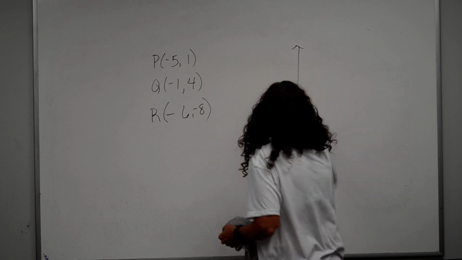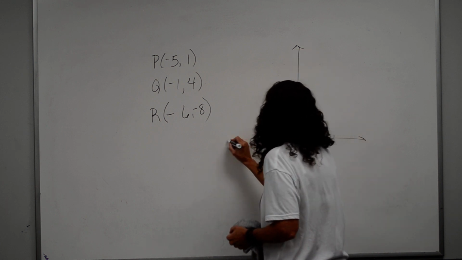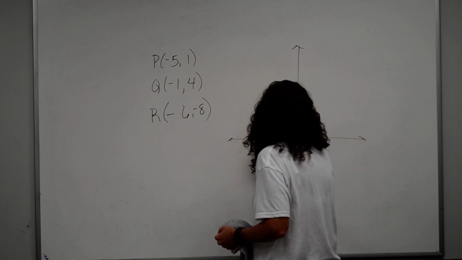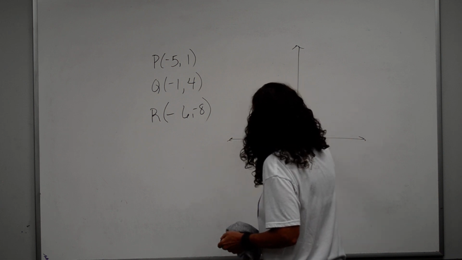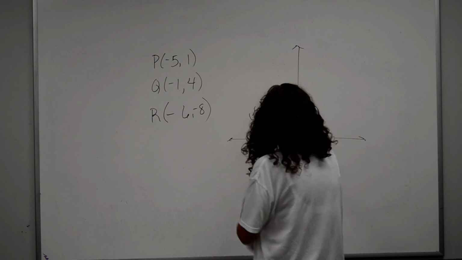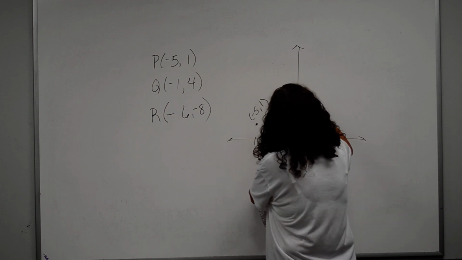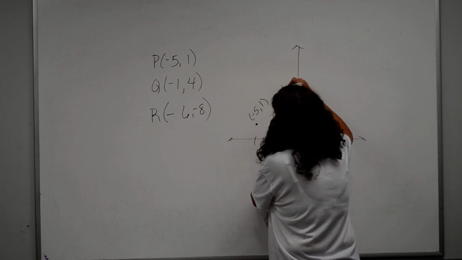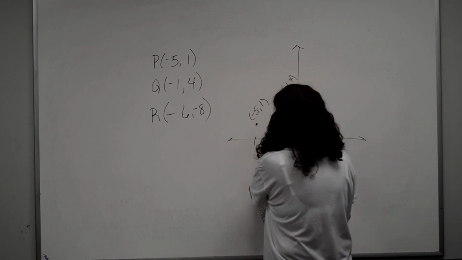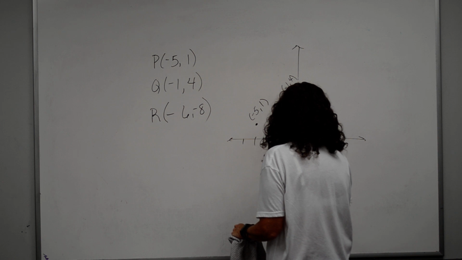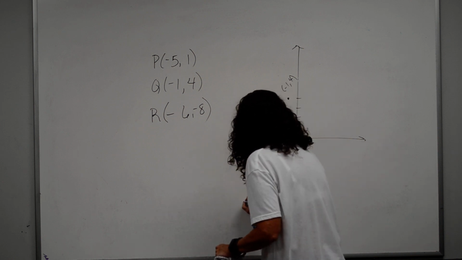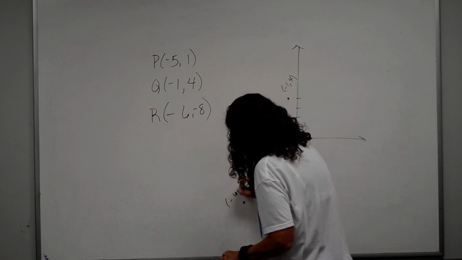So I'm going to put it on a coordinate plane. And so this is negative 5, 1. And this is negative 1, 4. And this is going to be negative 6. Negative 6, negative 8.